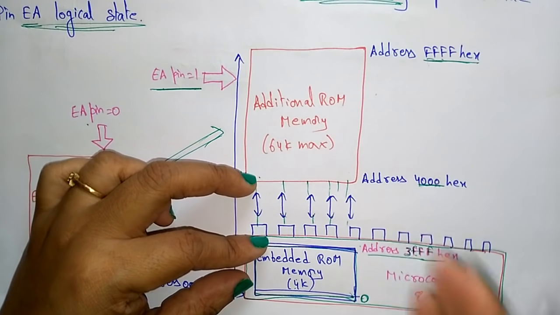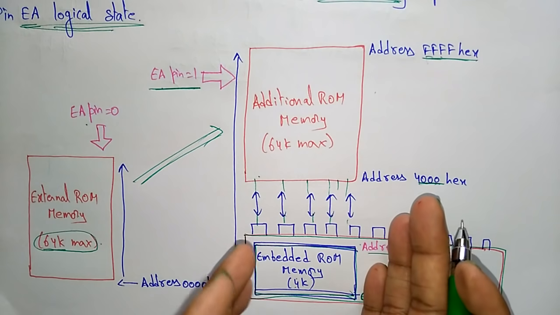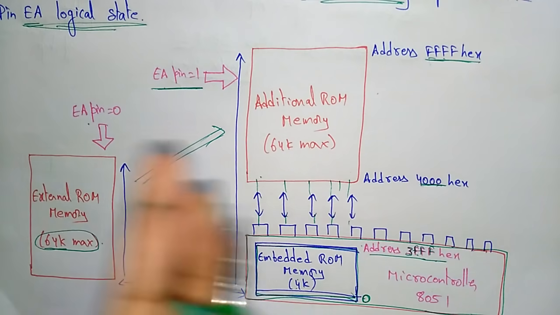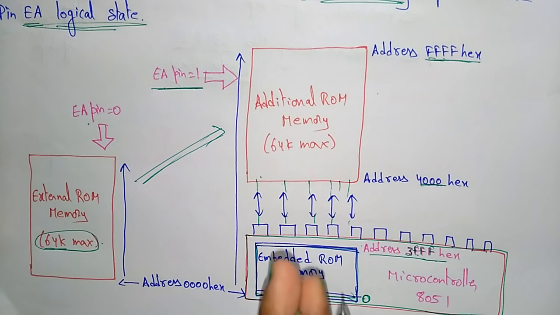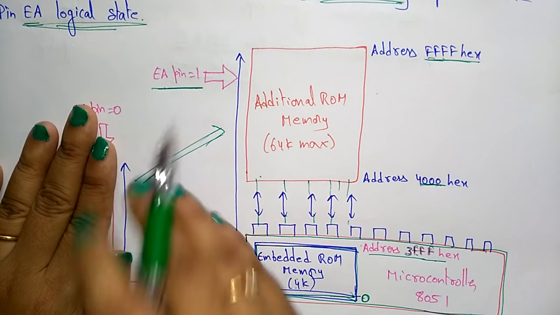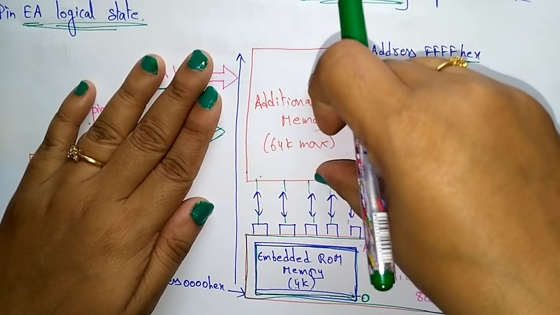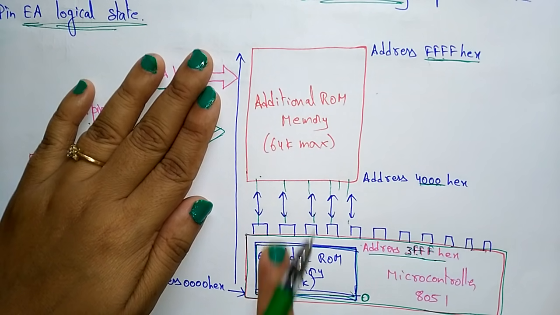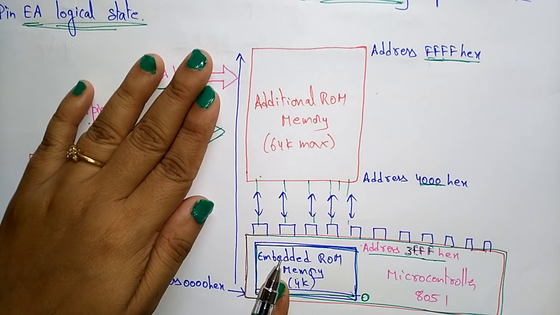Okay, so this is how the external memory is embedded, means how we are going to access the external memory, like this. So whenever the external access pin is 1, then you just add the additional ROM to this 8051 microcontroller.